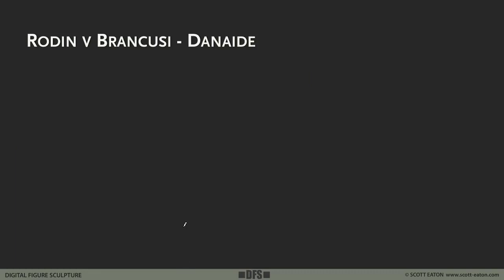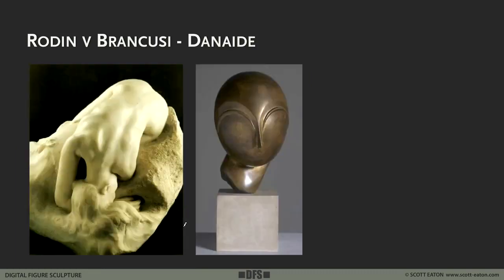And again, they both created a sculpture called the Danaide, which is a reference to a Greek story. And we recognize Rodin's on the left, and this is Brancusi's on the right. So abstraction is taking hold, and the representationalism in sculpture is on its way out as far as the art world is concerned.